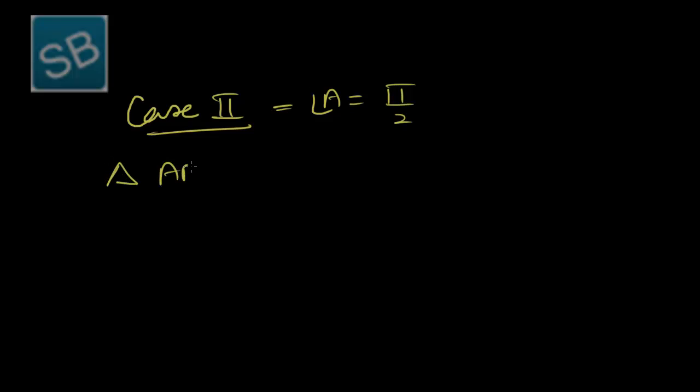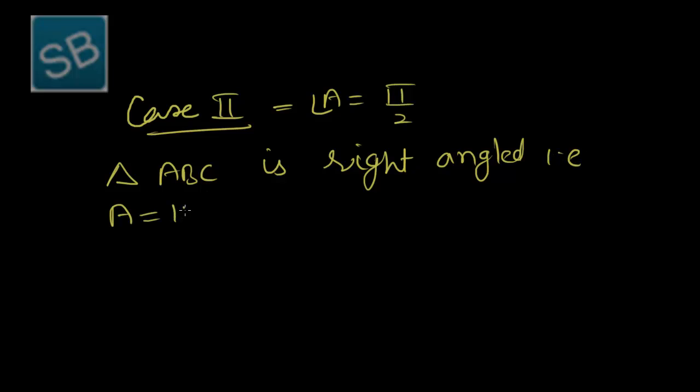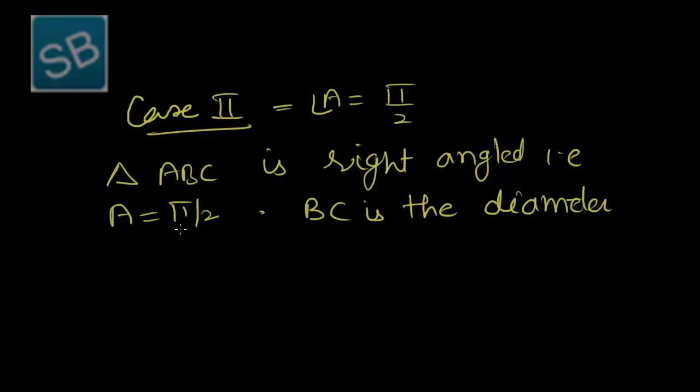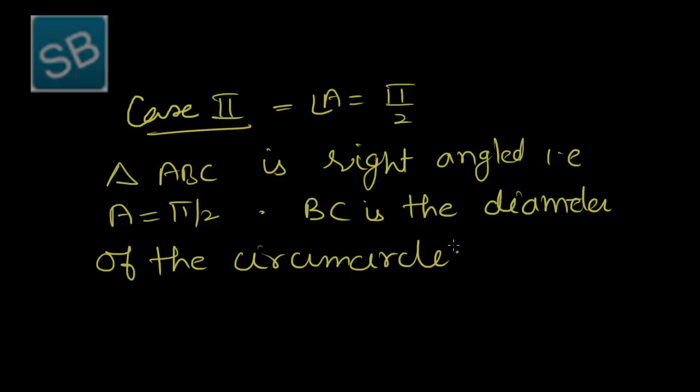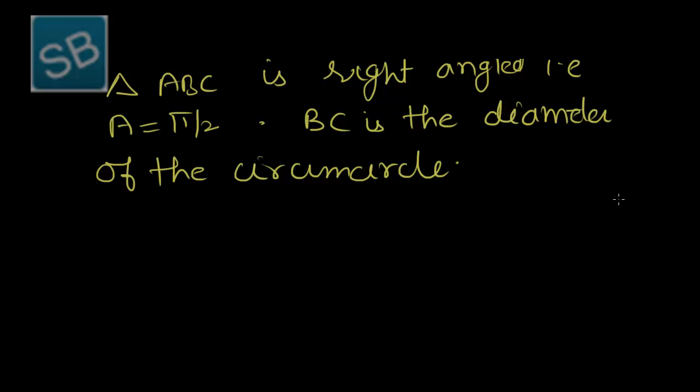So triangle ABC is right angled, that is A is equal to pi by 2, and BC is the diameter of the circumcircle. So angle A is pi by 2 because any angle formed with the help of a diameter, that is a semicircle angle, is always pi by 2.